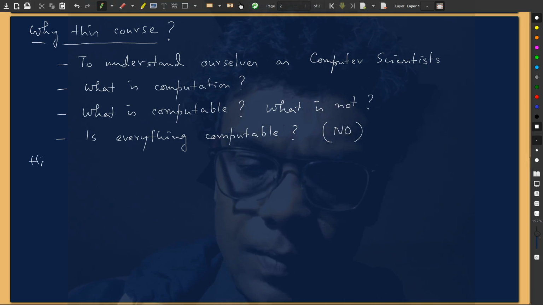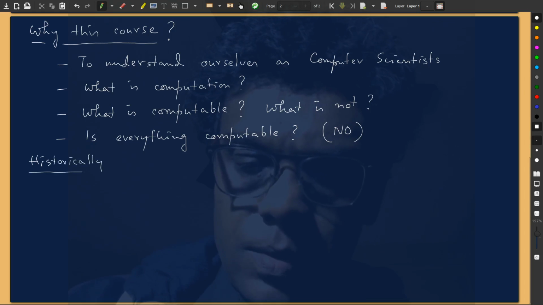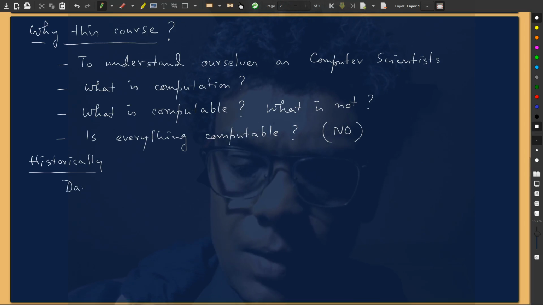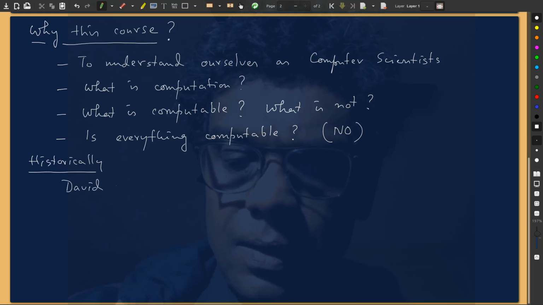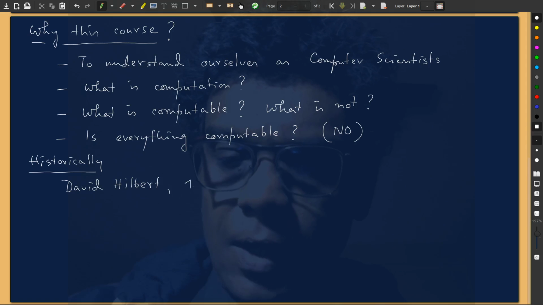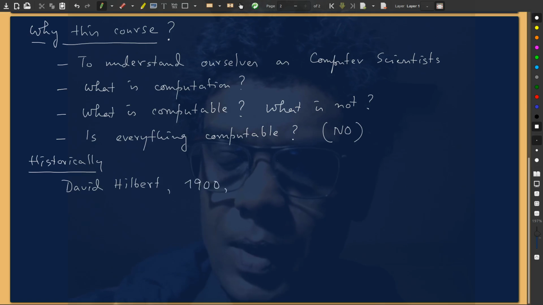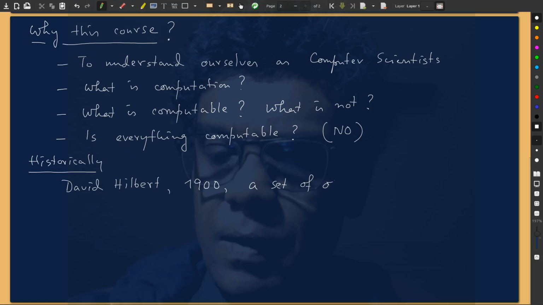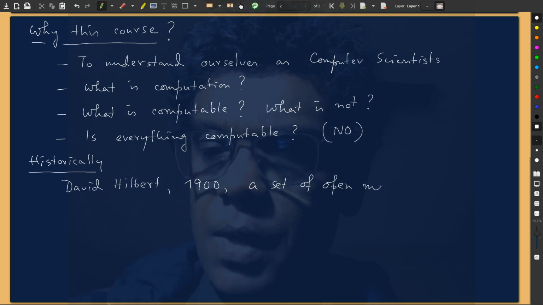Okay, so historically, the notion of computability came into existence when the celebrated mathematician of the late 19th and 20th century, David Hilbert, in a convention in 1900, proposed a set of open mathematical problems.